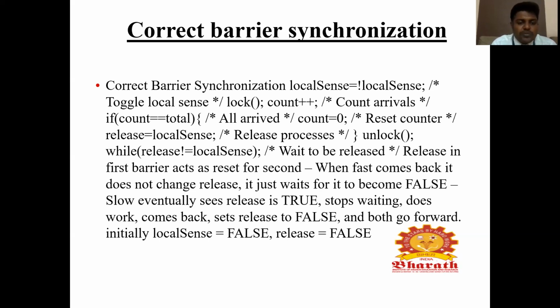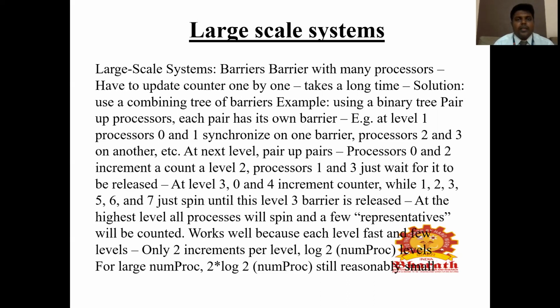The slow one eventually sees release is true, stops waiting, does its work, comes back, sets release to false, and both go forward. Initially, local sense is equal to false and release is equal to false.